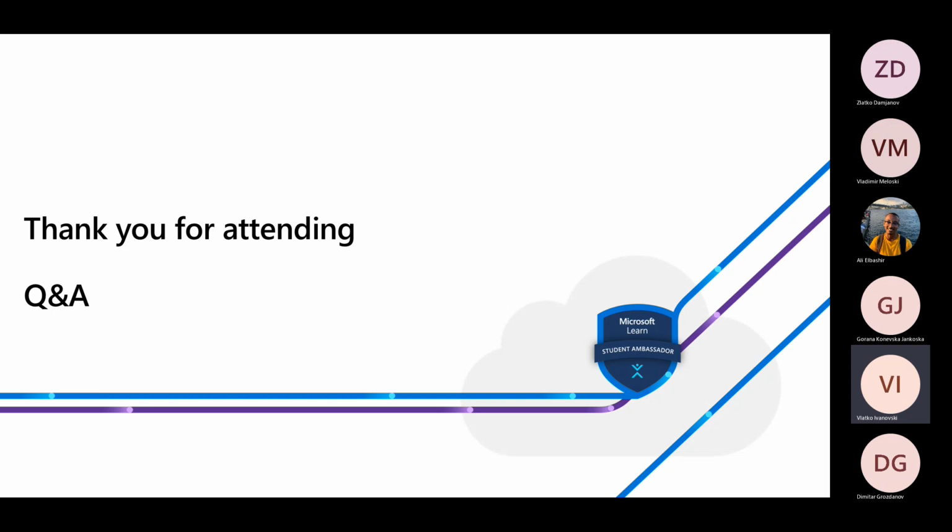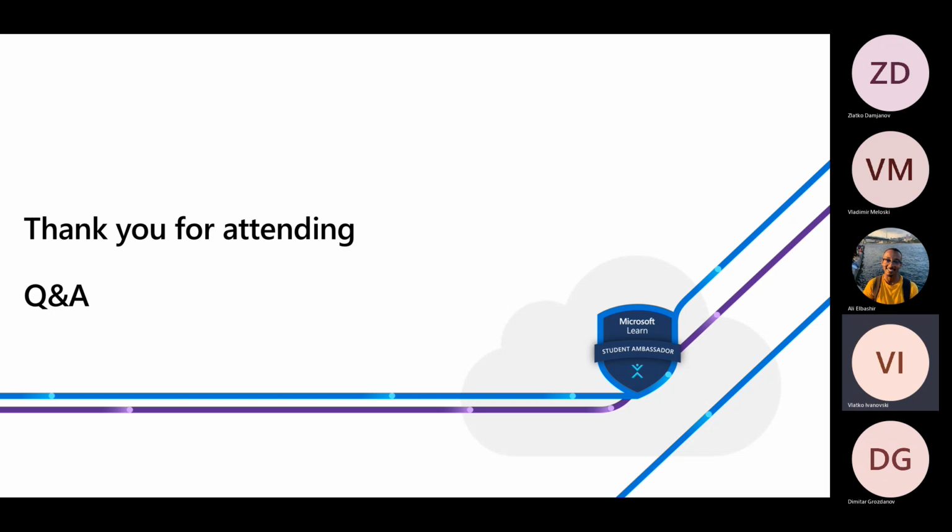There's plenty of other stuff like branching and merging strategies and security posture. Currently, Microsoft Defender for Cloud has enabled Microsoft Defender for DevOps as well, which is a very new feature still in preview.